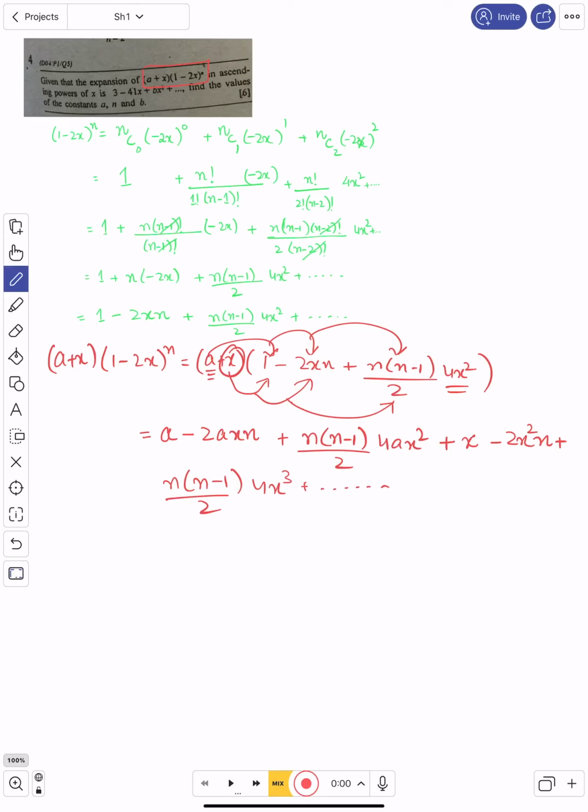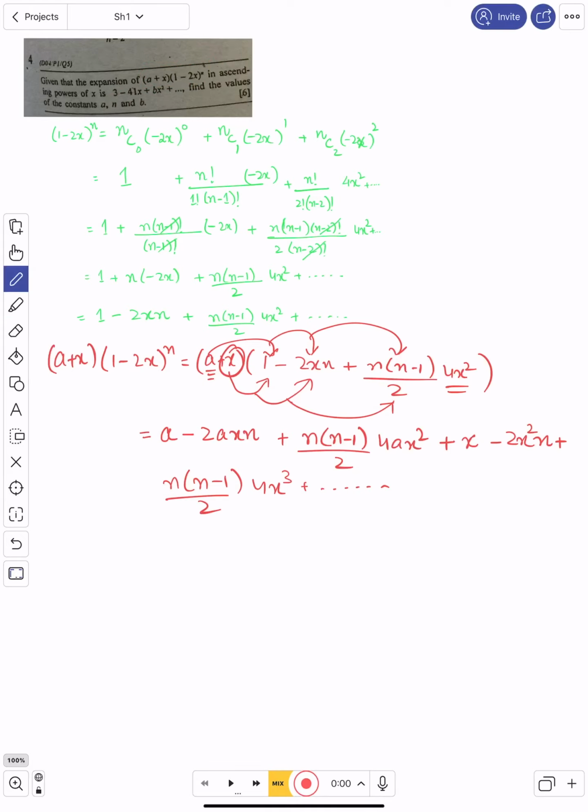It wanted to tell us in the start, which we did not consider. Now we have to consider that after you expand, you are going to have this: 3 − 41x + bx squared.